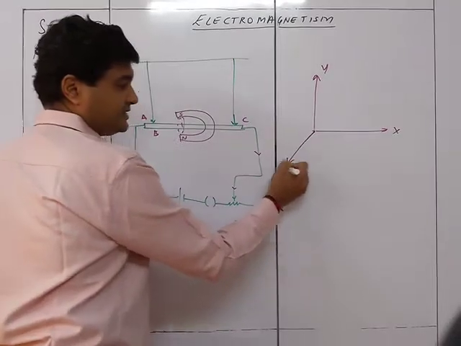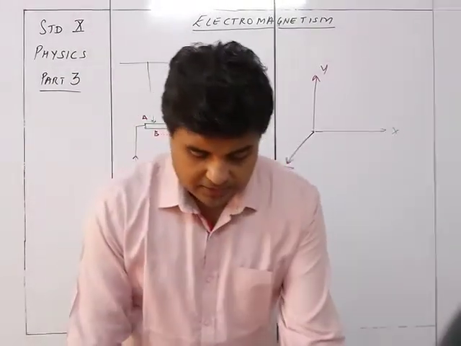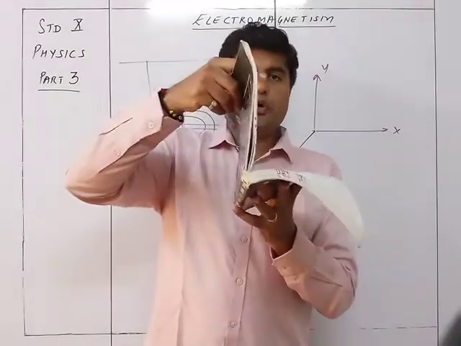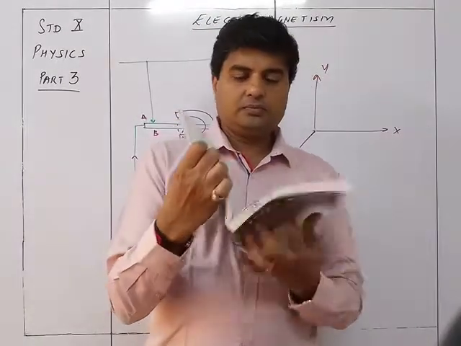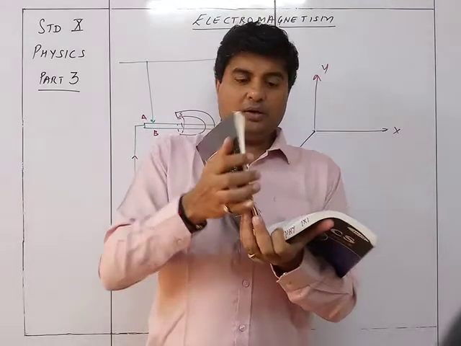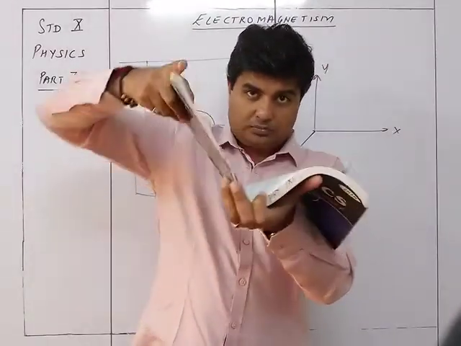This is the Z-axis. If I take this book over here, right? So this is the x-axis over here, this is the y-axis over here, and this over here, the depth, right?